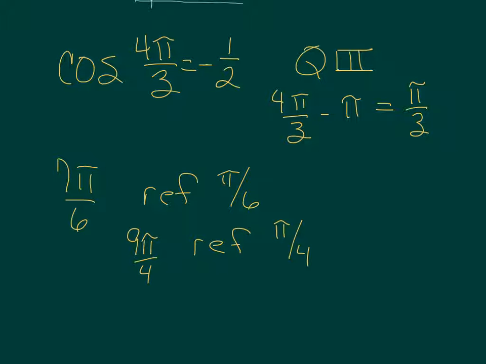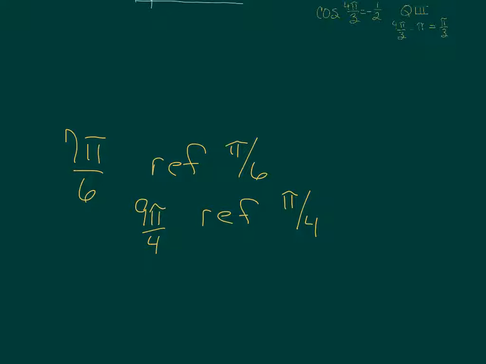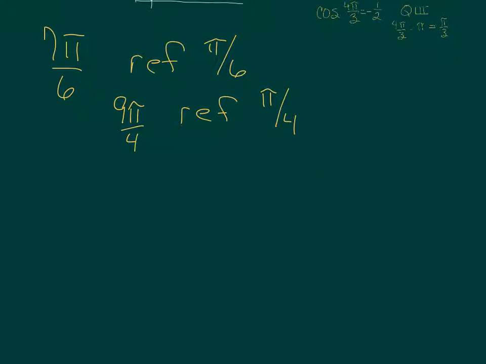Okay, on 9 pi over 4, we said our reference angle was pi over 4. So I've got to figure out where 9 pi over 4 is. Quadrant 4? Do we think quadrant 4 is right? Well, what happens if I divide 9 by 4?